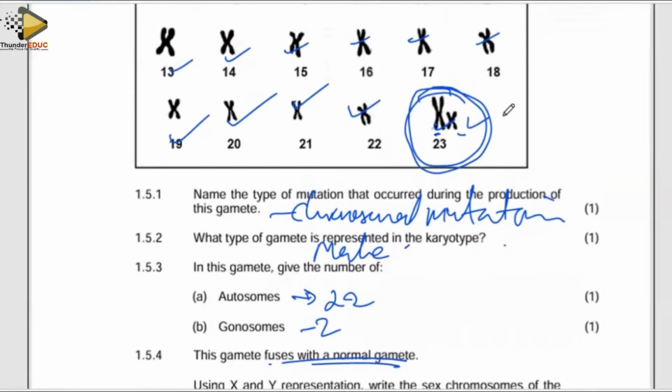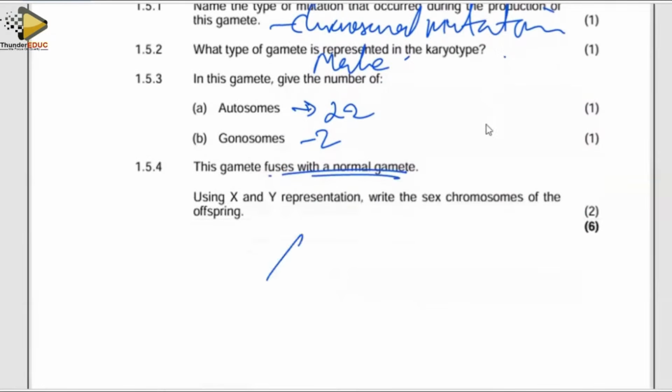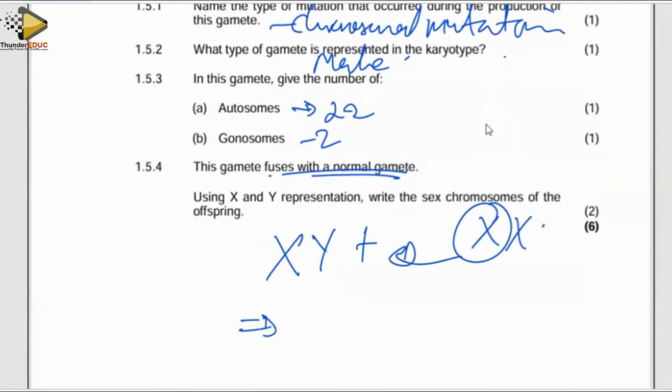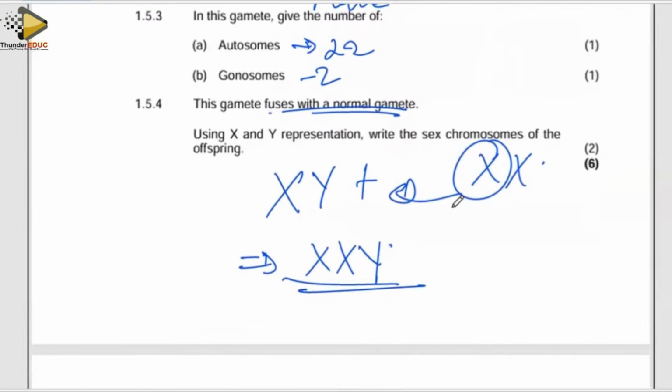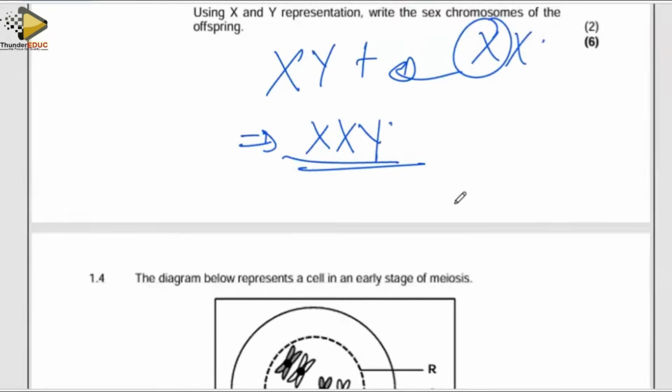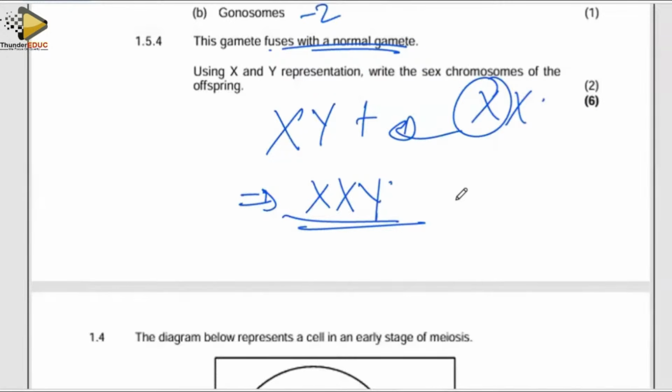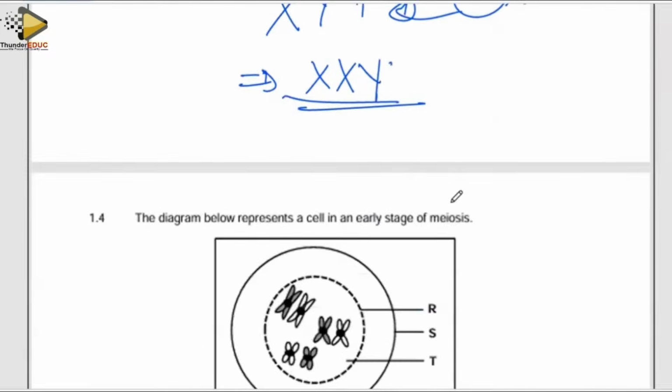Since this is X and Y, plus a normal gamete, for the female only one X comes. So this individual at the end is going to be XXY. That will be the genotype of that individual.